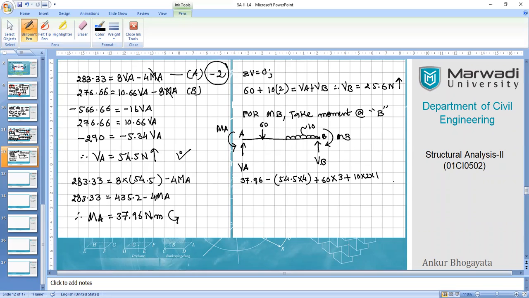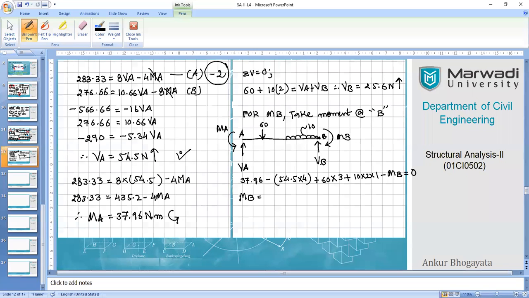And of course you have this bending moment, that is clockwise, so negative MB, externally applied moment. And of course we cannot take moment of VB because it is on the point of interest. So clearly, it will give us the value of MB here, right?